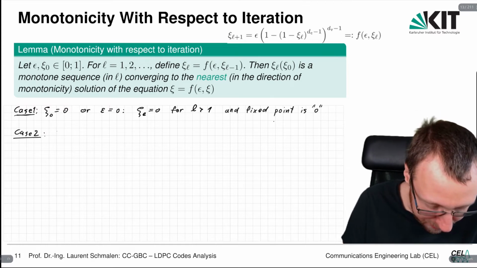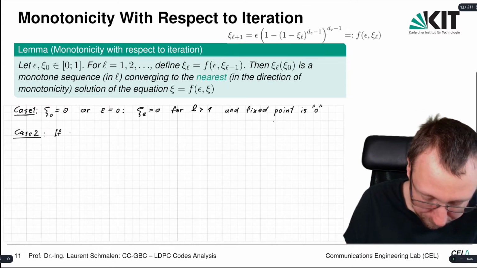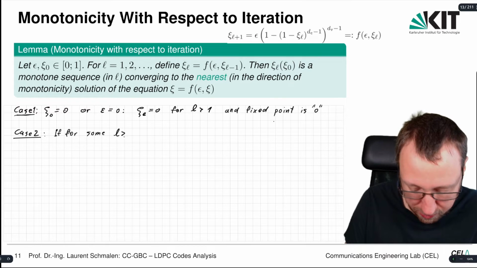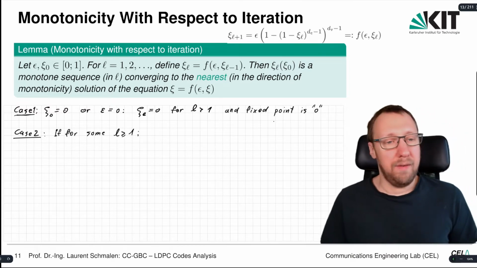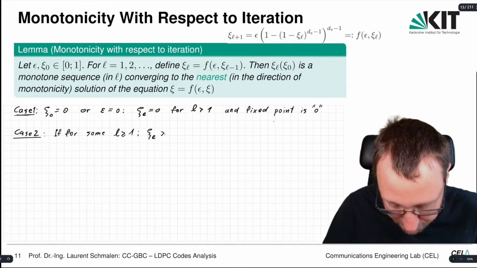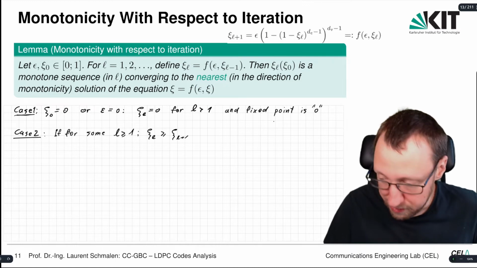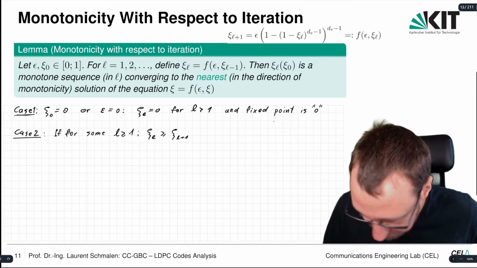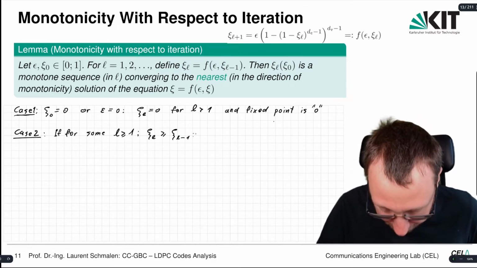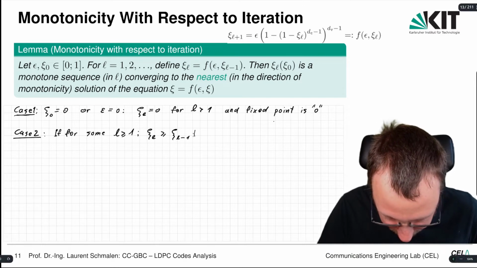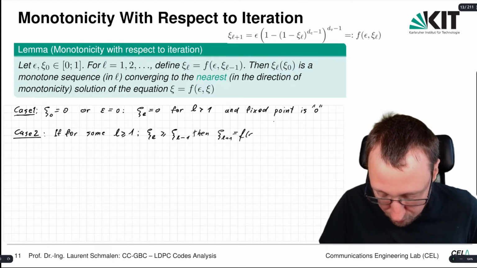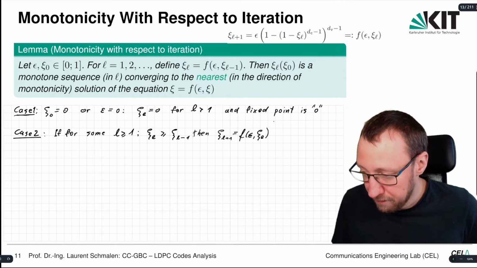So now we're looking at some l larger or equal than 1. If we have the following situation, if we have C_l is larger or equal than C_{l-1}, then we can calculate C_{l+1} is equal to f of epsilon C_l.